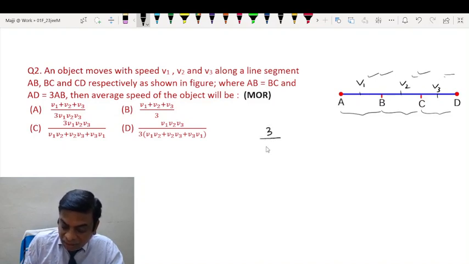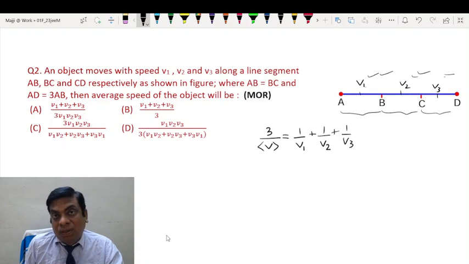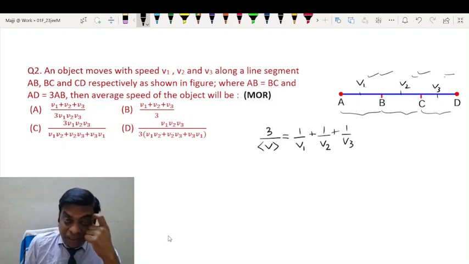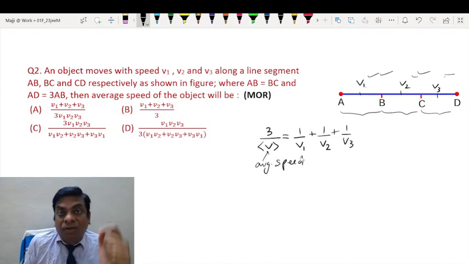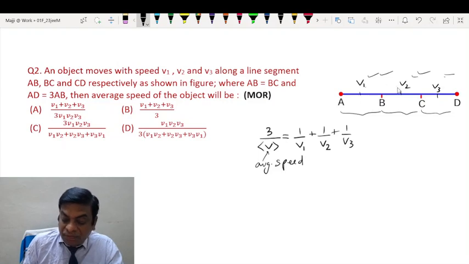So number of segments upon average speed is equal to 1 upon the speed corresponding to the first part of the motion, then 1 by V2, then 1 by V3. This is how you are supposed to find it. In fact, mathematically speaking, the average speed is nothing but the harmonic mean of V1, V2, V3, etc. Remember, this formula should be used only if the particle travels with different speeds for equal distances.